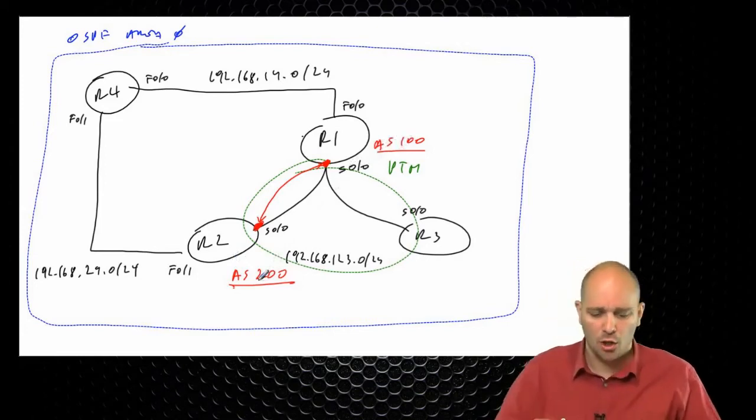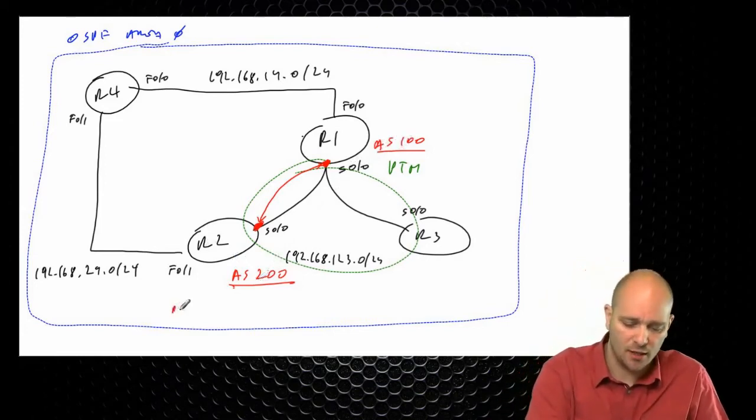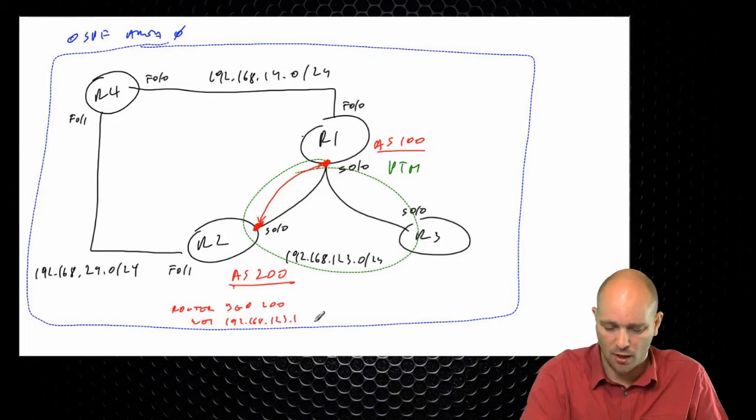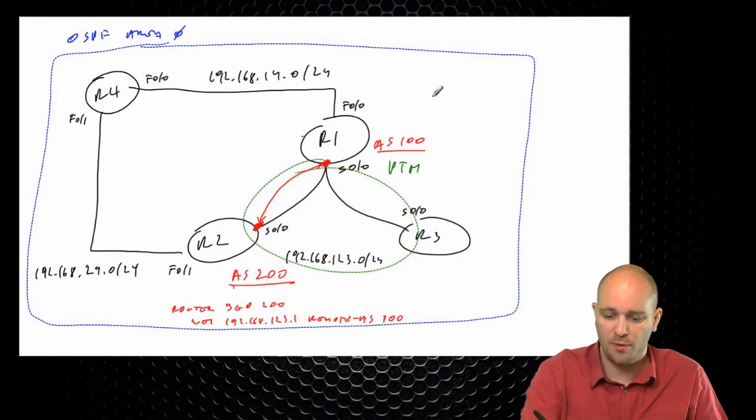So, okay, you go on R2 and you say router bgp 200, neighbor 192.168.123.1, remote-as 100. You do pretty much the same thing here.